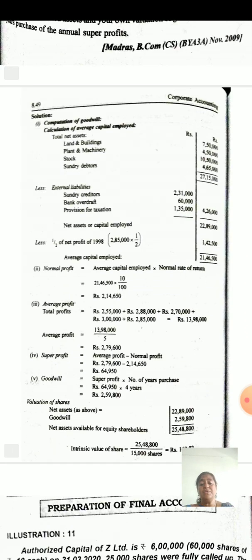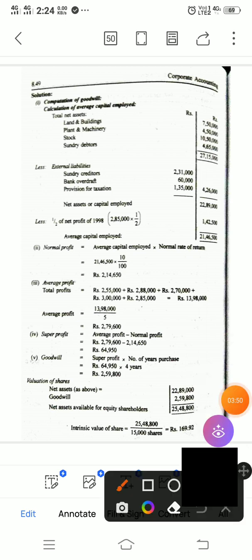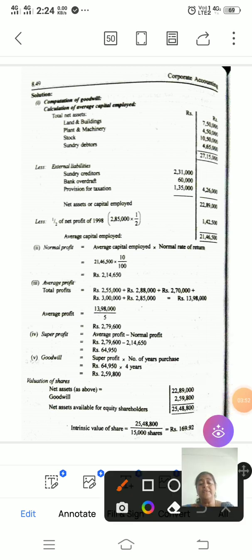So the last year's net profit, 1998 net profit of 2,85,000, should be taken, and half of that amount should be adjusted. Then average capital employed is less half of the current year's net profit.